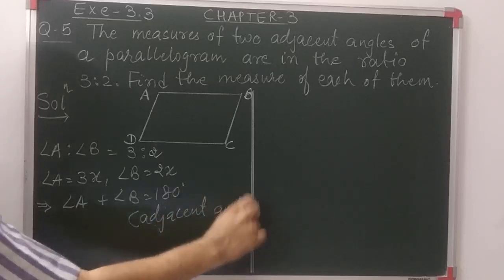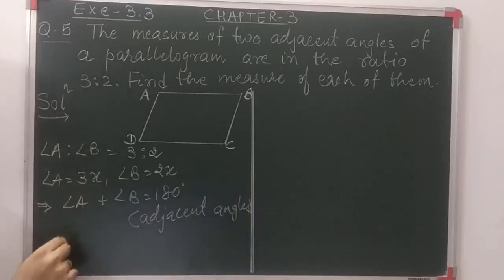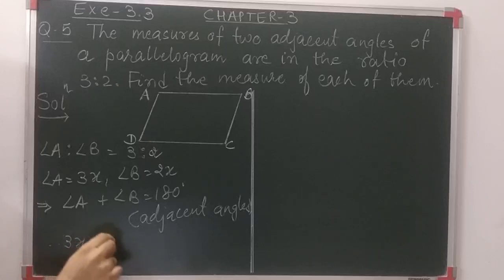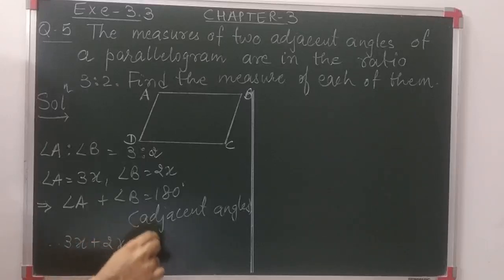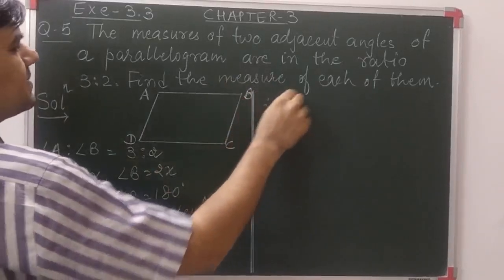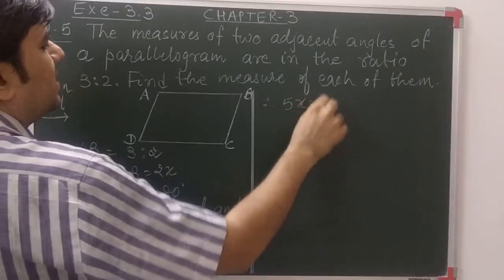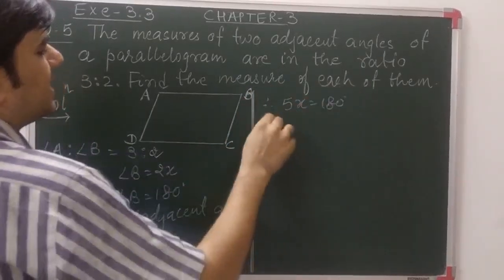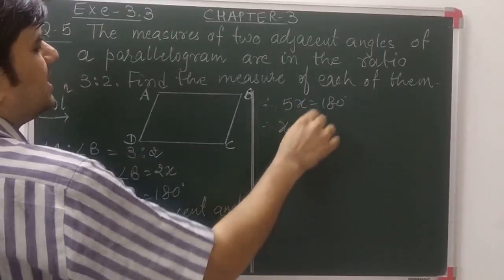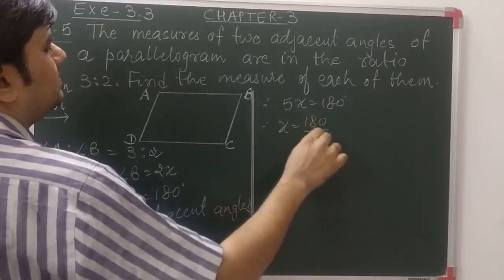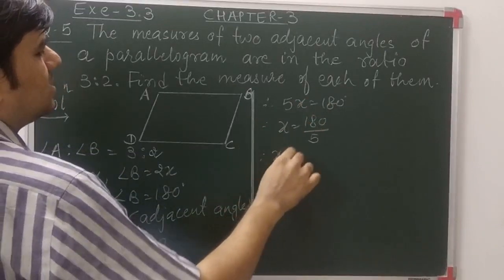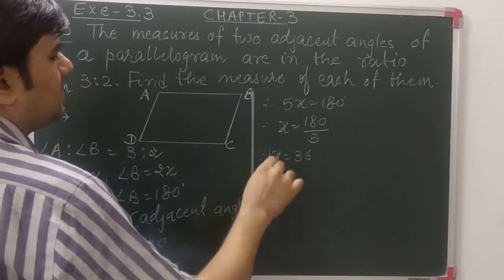We have both the angles in the form of x. So let us note it down. 3x plus 2x is equal to 180. The sum of 3x and 2x is 5x. So 5x is 180, and the value of x is 180 divided by 5. So x is equal to 36.